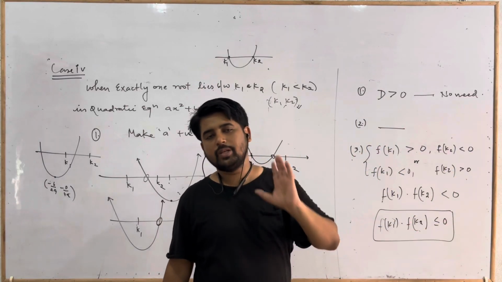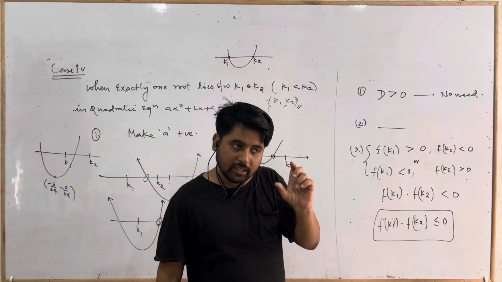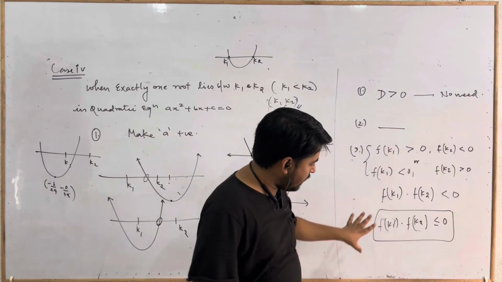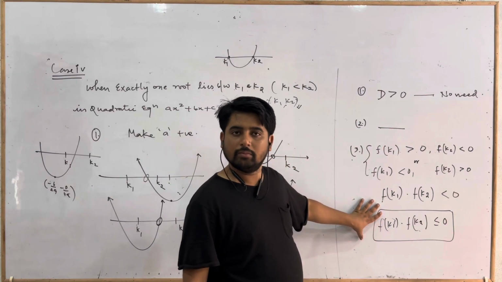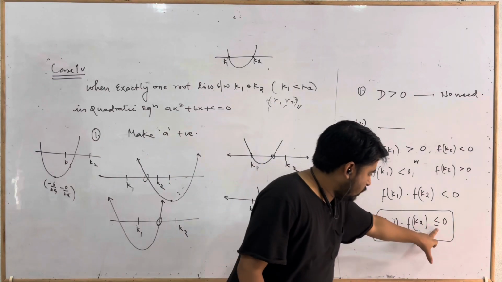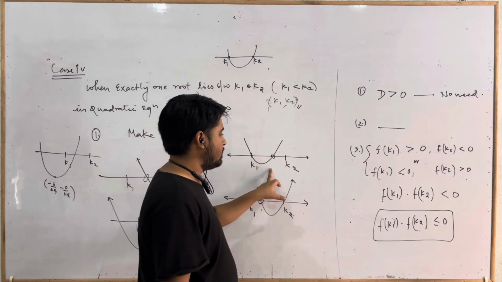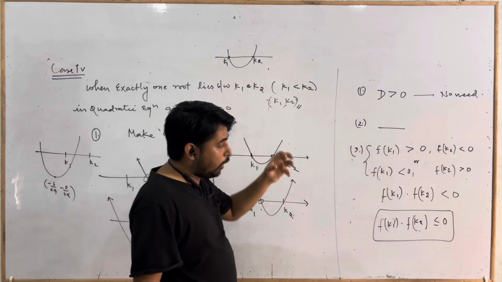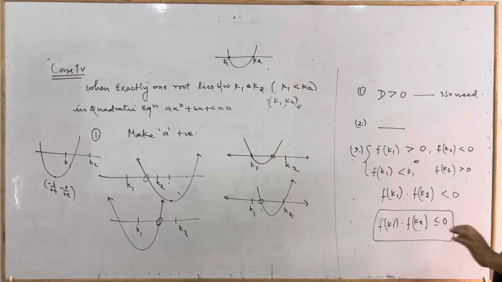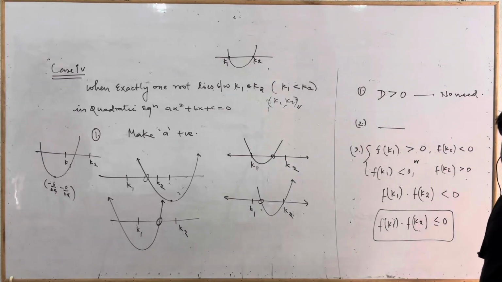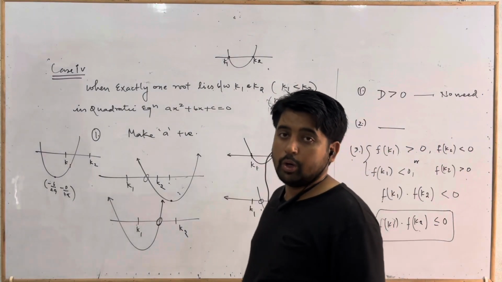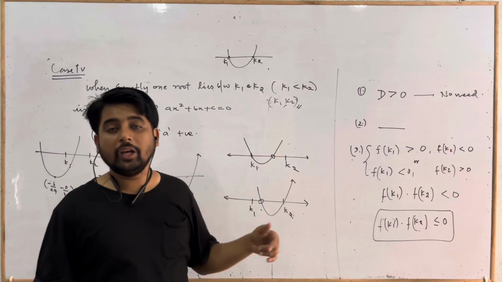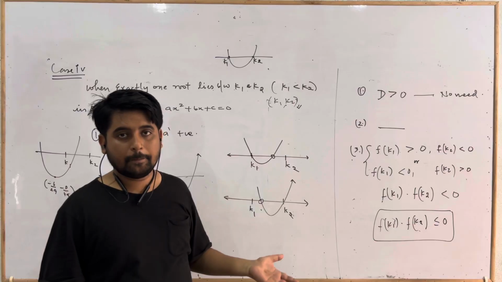From there you will get some result, and in this result, check the endpoints separately. Because equal to 0 is included in this case, but equal to 0 is also included in this case also. So you cannot blindly write f(k1) into f(k2) is less than or equal to 0. At equal to 0, you should be careful. That means you have to deal with the equal to 0 case separately.